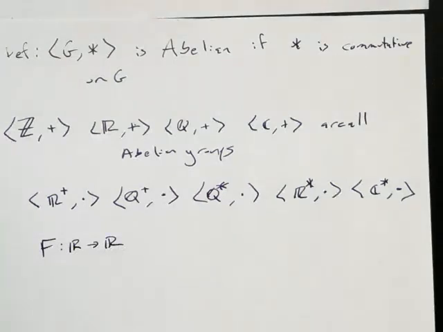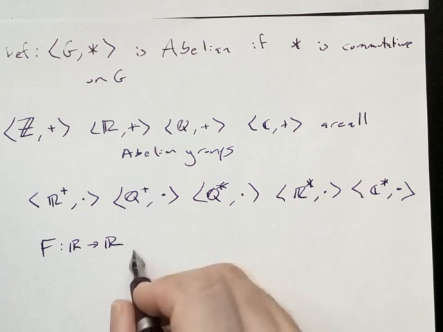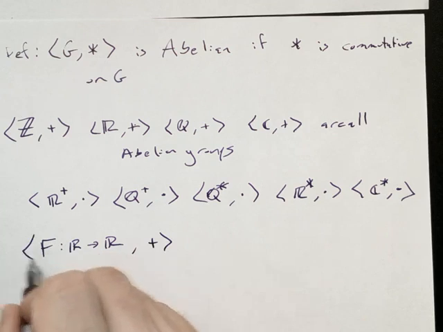Let's define the set of functions whose domain is real and whose codomain is real. Under addition, that's an abelian group.